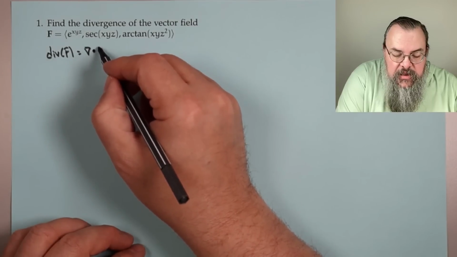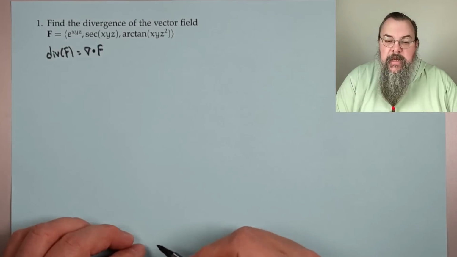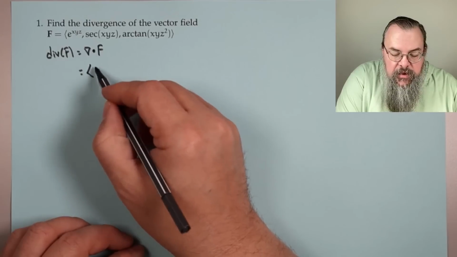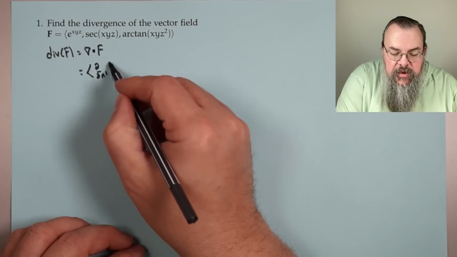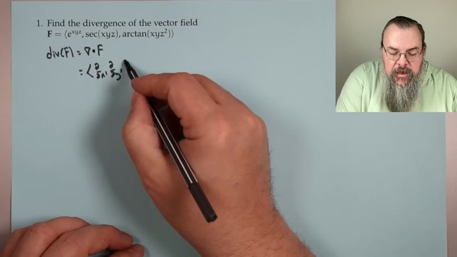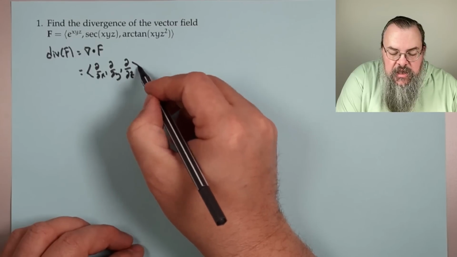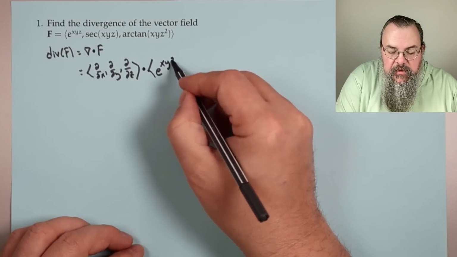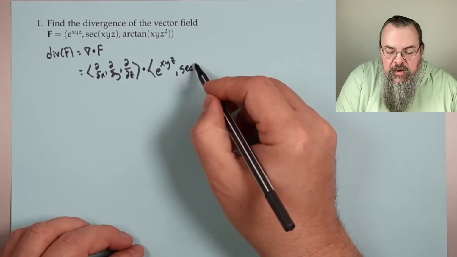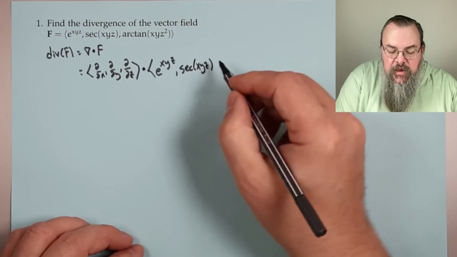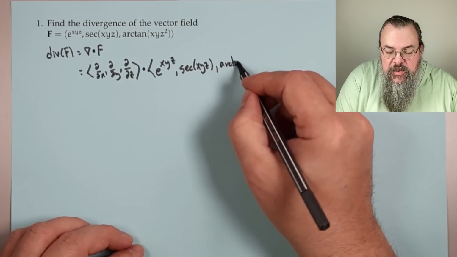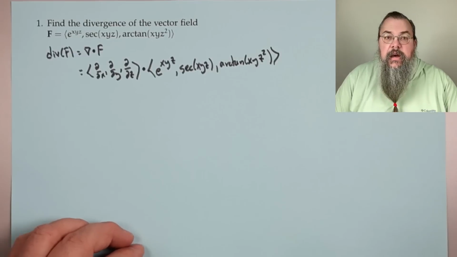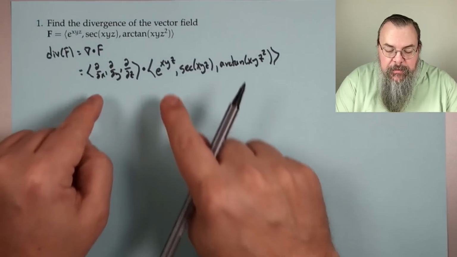It's del dot F. Here we have 3 variables, so writing it out: partial x, partial y, partial z, dot e to the x y z, secant x y z, and arctangent of x y z squared. And we do what you think you should do with the dot product, right?